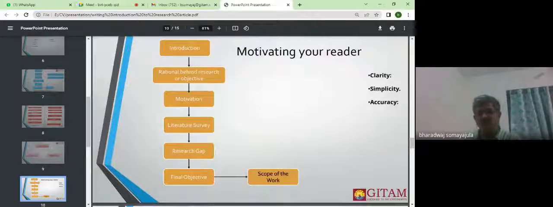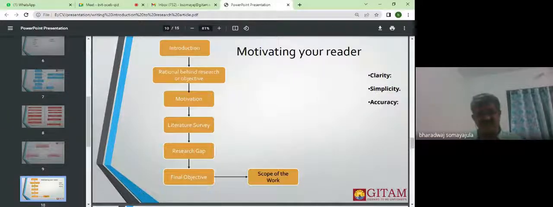While motivating a reader, remember, introduction is the key factor in motivating your reader or any reviewer. I'm talking with respect to the reviewer's point of view. It should have clarity. It should be very simple. Remember, reviewers or your readers are spending their valuable time on it, so it should be very simple. It should be accurate.